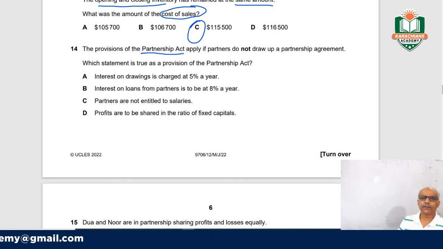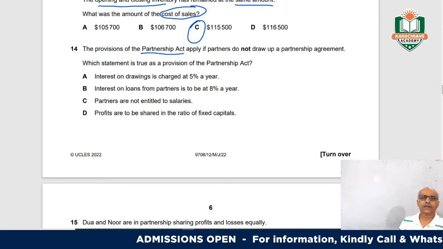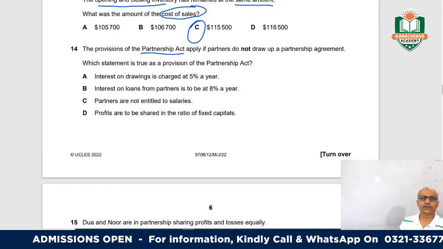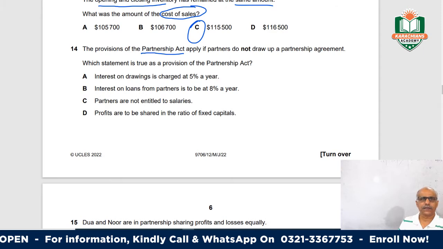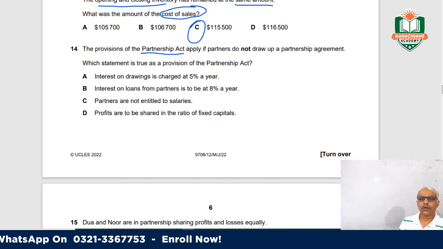The partnership agreement is a detailed agreement where you decide about the profit sharing ratios, the drawings and the interest on drawings, the interest on capital, salaries, all these things you decide, and you do accordingly.